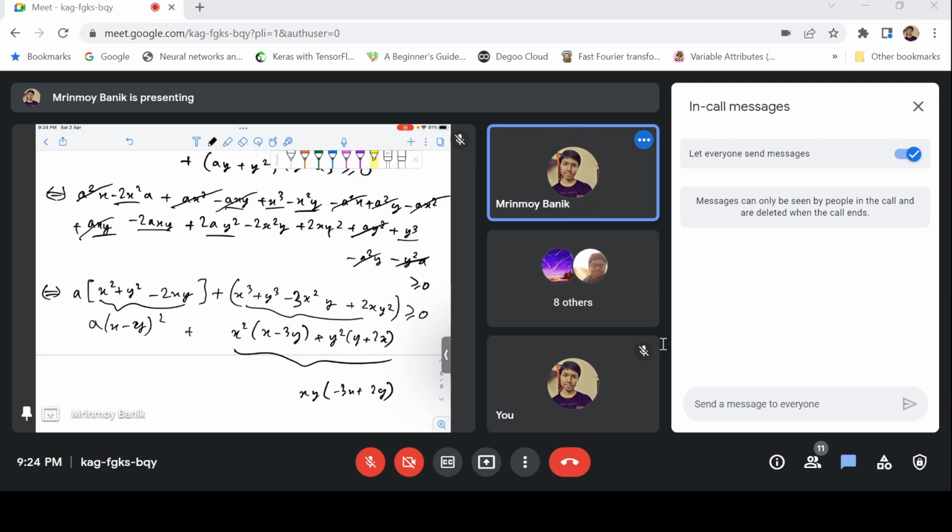So 3x squared y is less than x squared power.